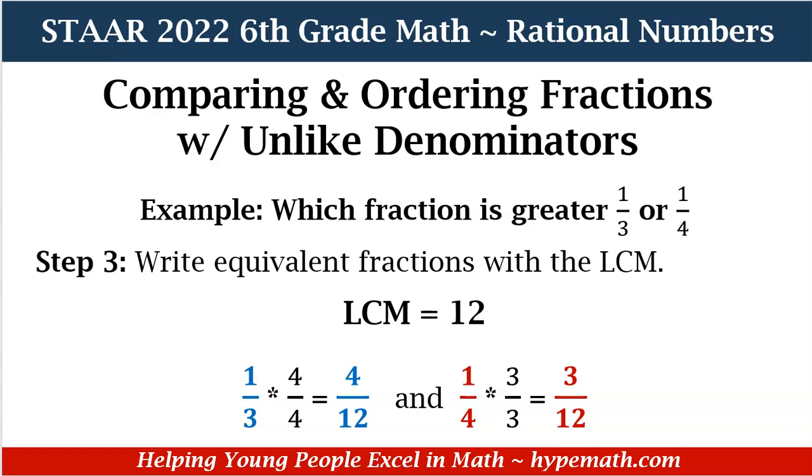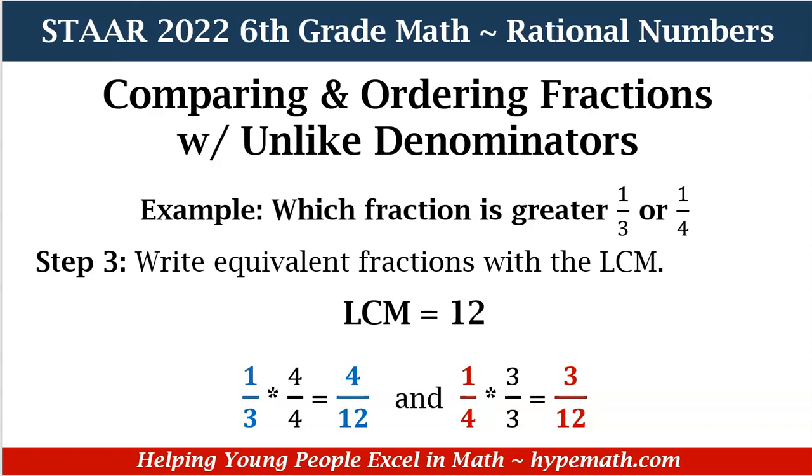So in order to do that, to write the equivalent fractions, let's start with 1/3. We must now have our denominator for our equivalent fraction. The denominator is 12. So what I need to do with 1/3, starting at the denominator, is ask myself, what number times 3 is equal to 12?